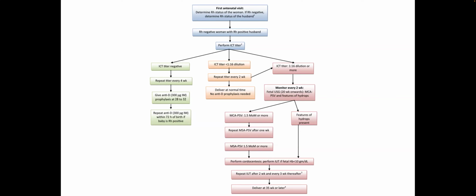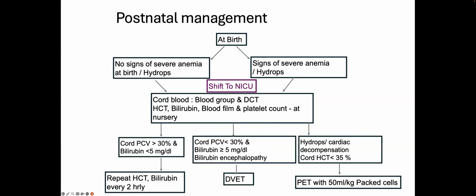Then you need not look at the criterion of MCA PCV of 1.5 MOM or more. And if there is no hydrops and the MCA PCV of 1.5 MOM or more is there, you repeat the MCA PCV after 1 week. And if the MCA PCV of 1.5 MOM or more is still persisting for more than 5 to 7 days, then you go for IUT and then deliver the baby at 35 weeks or later. So that's the normal schema we follow.